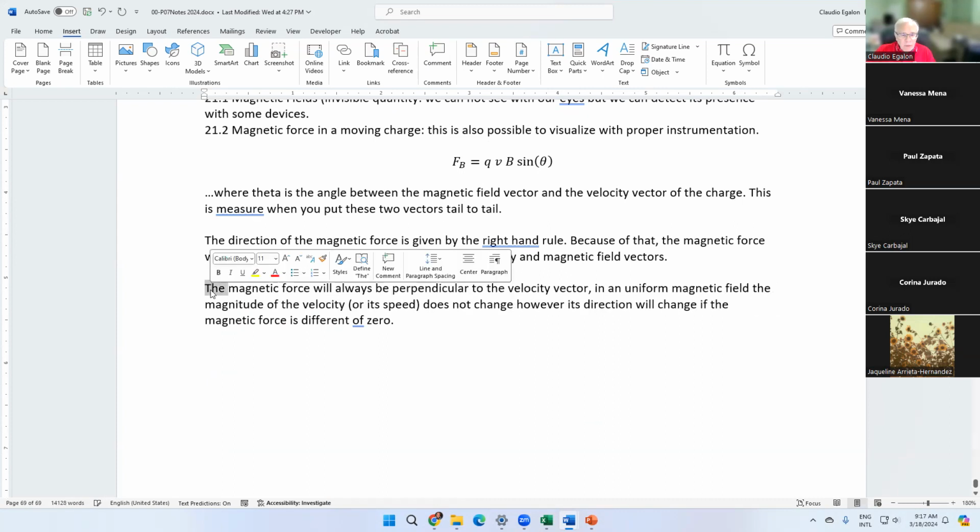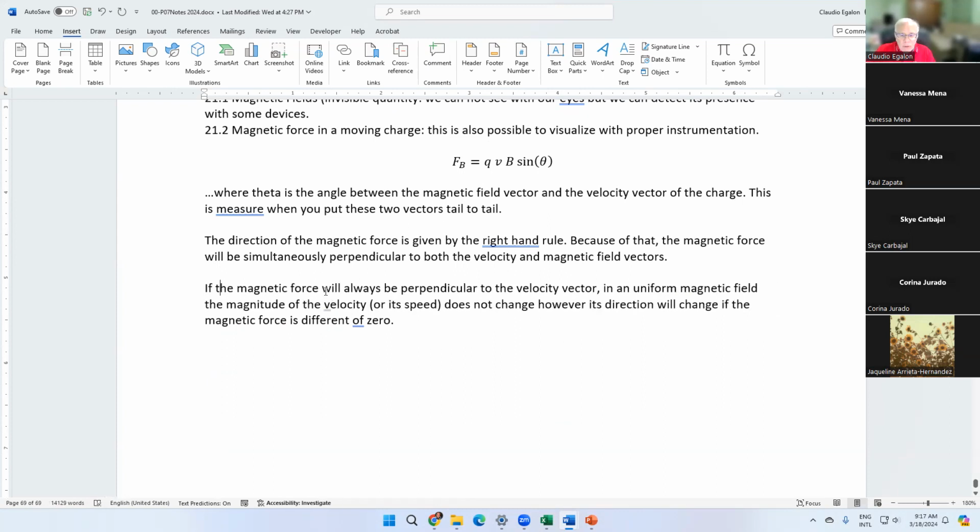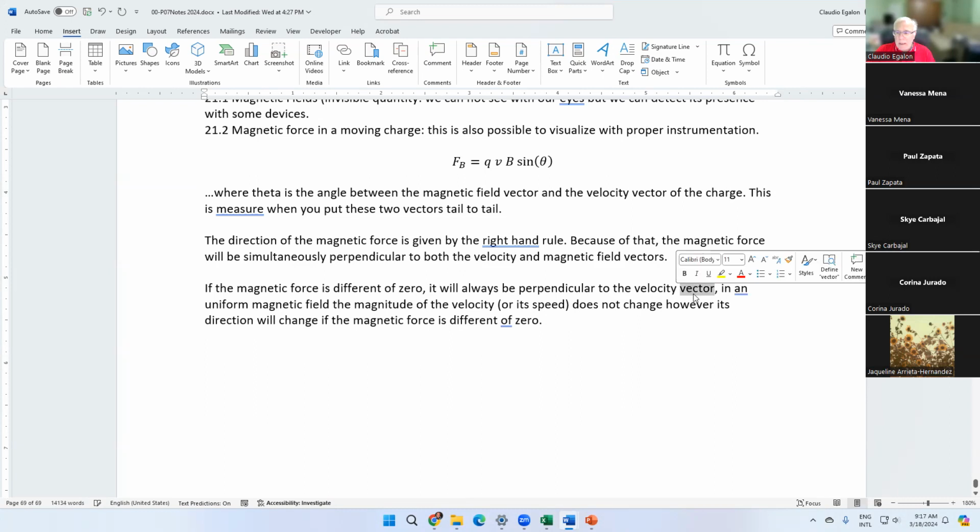If the magnetic force is different from zero, it will always be perpendicular to the velocity vector.